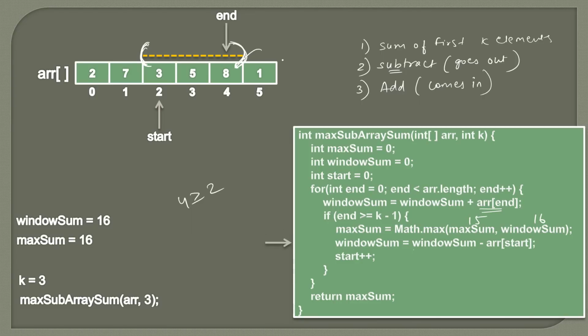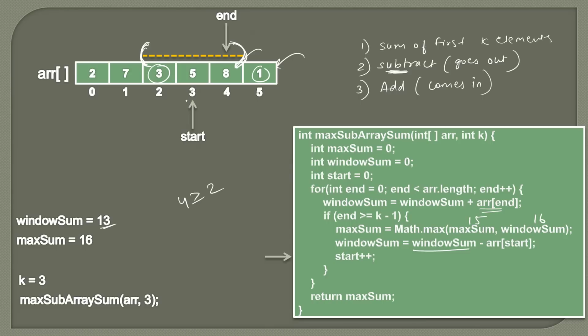Now for the next window, 3 will go out of the sliding window and 1 will come into it. Since 3 is going out, we take the sum, which is 16, and subtract 3. So it becomes 13. As our new sliding window will start from index 3, we do start plus plus.